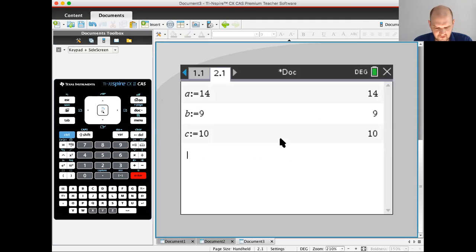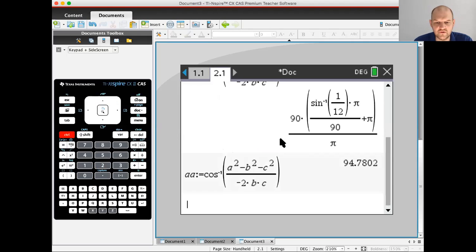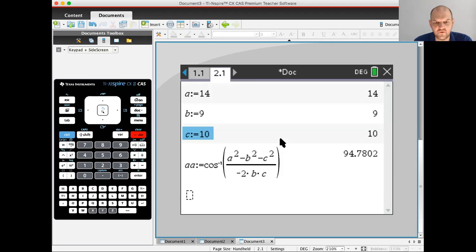Angle A is going to be the inverse cosine of a squared minus b squared minus c squared over negative 2bc. I'm going to press Control Enter to get a decimal. Okay, so I have this.